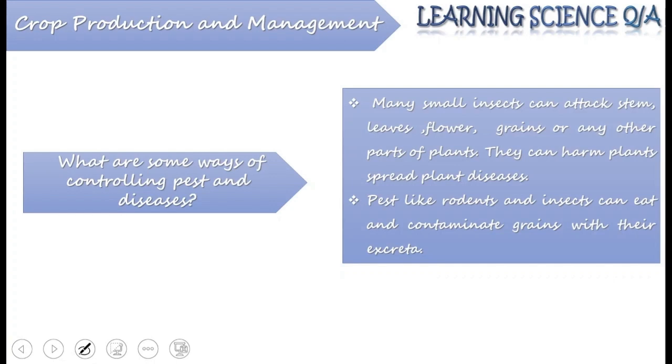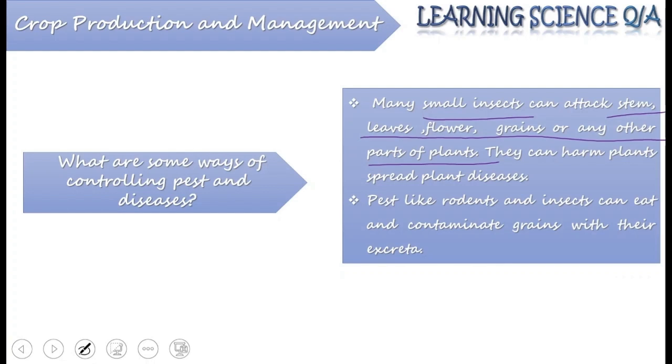But a standing crop can also be attacked by small insects, and these insects can attack the plant stem, leaf, flower, grain, or any other part of the plant. Not necessarily will these insects be eating the plant, but they can definitely harm it, and they can become the reason to spread several other plant diseases.